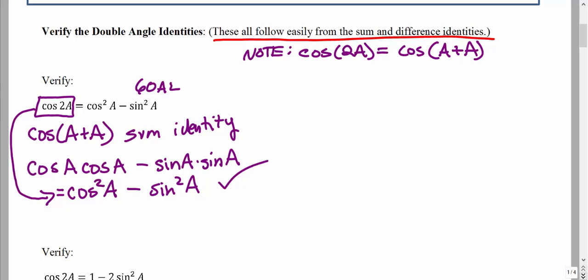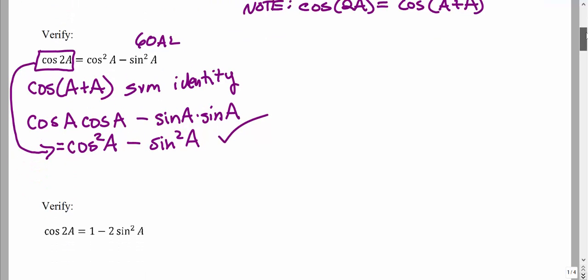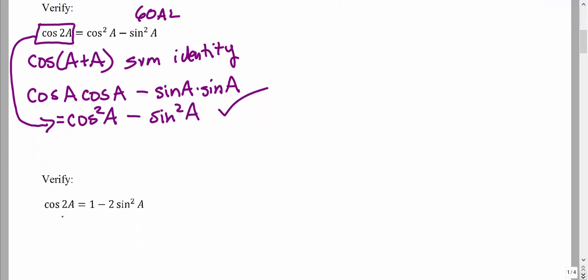We're going to use this result to show the next 2 double angle identities. For the next identity, we want to verify that cosine 2A is equal to 1 minus 2 times sine squared A. So we're going to use the previous result.